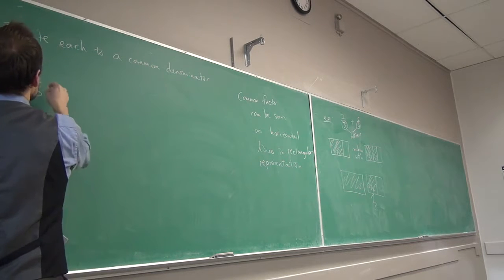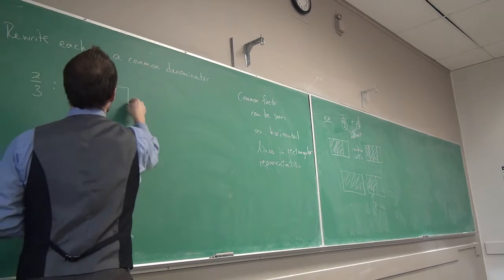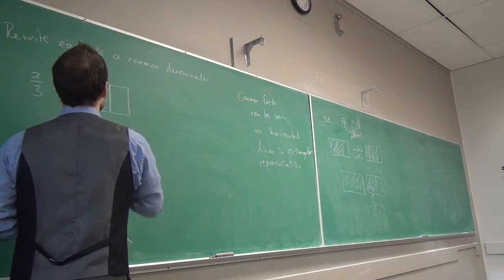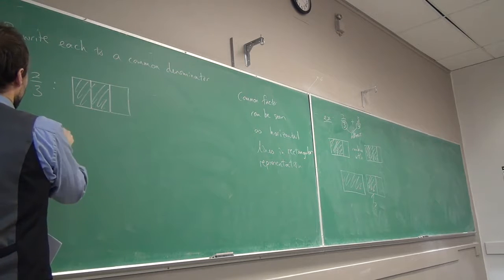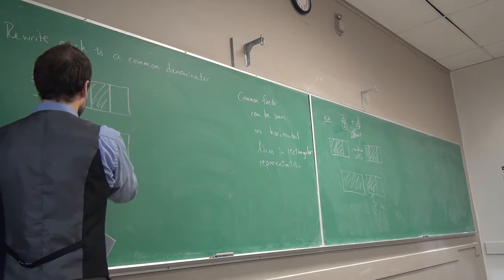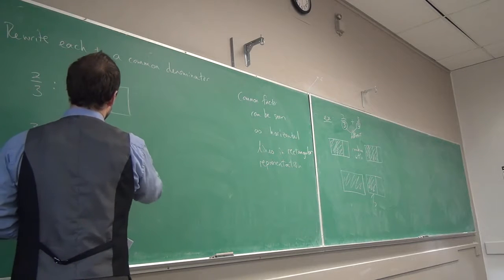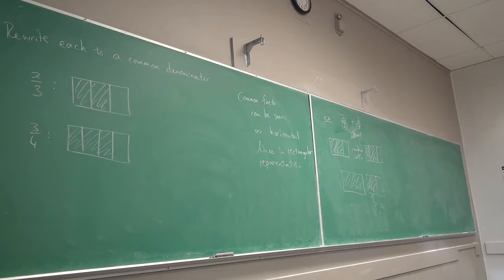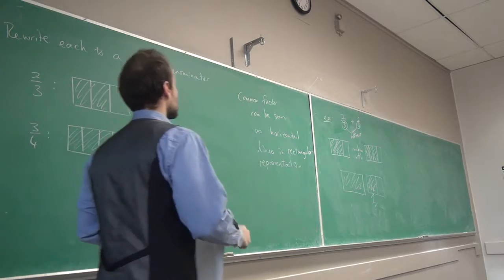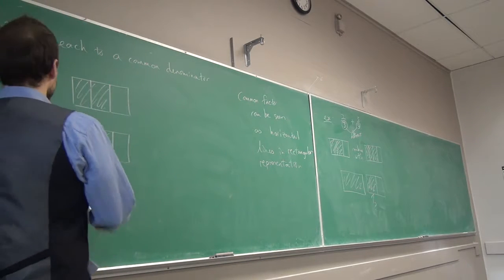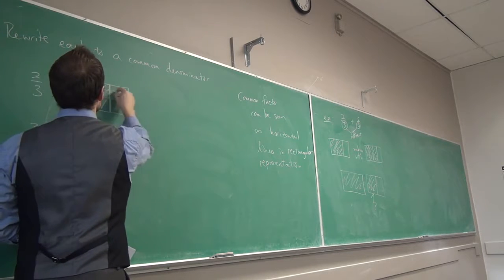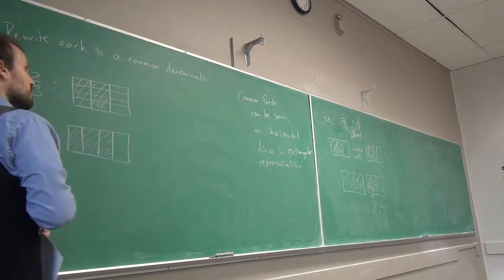So 2/3 was originally represented like this. 3/4 was originally represented into 4ths here, and I have 3 of them. Thinking of this common factor, creating equivalent fractions with sideways lines, I can take this 4 and split the first one into 4 pieces.